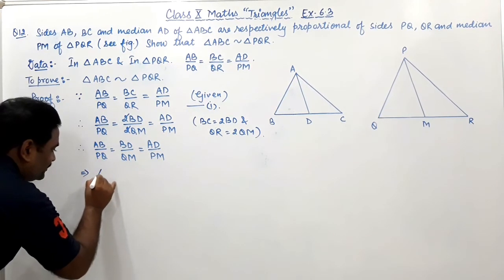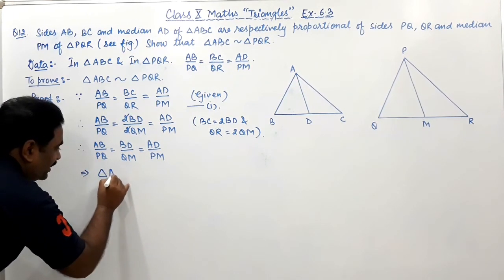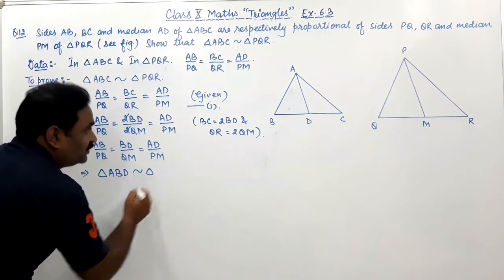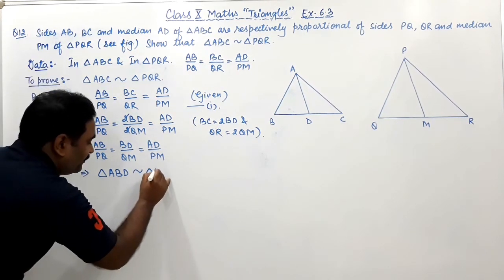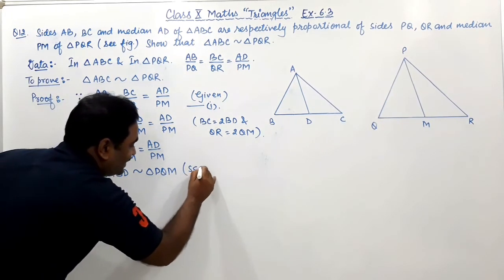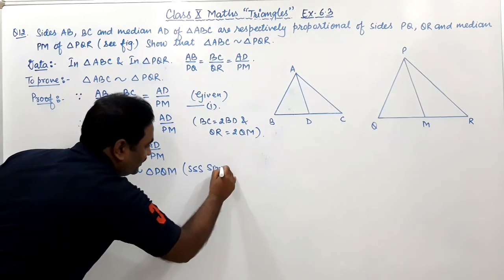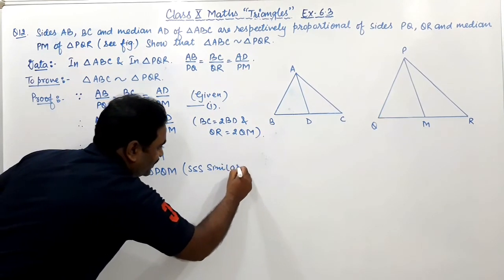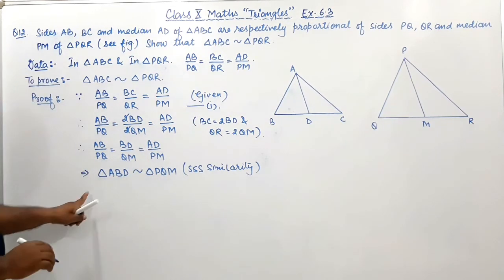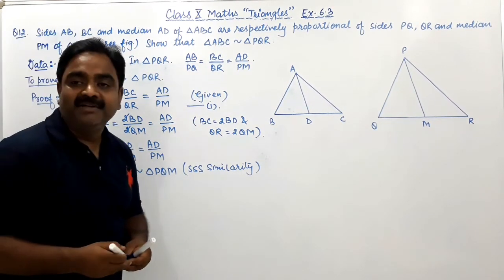Therefore triangle ABD is similar to triangle PQM by side similarity. Okay, since sides were in proportion, these two triangles are similar.